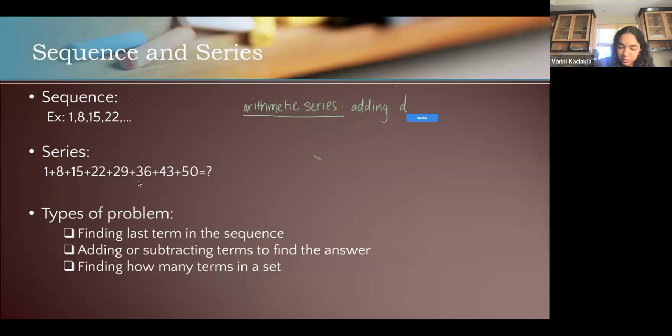And then a geometric series, you are multiplying by a ratio r. Is everyone clear what's going on?